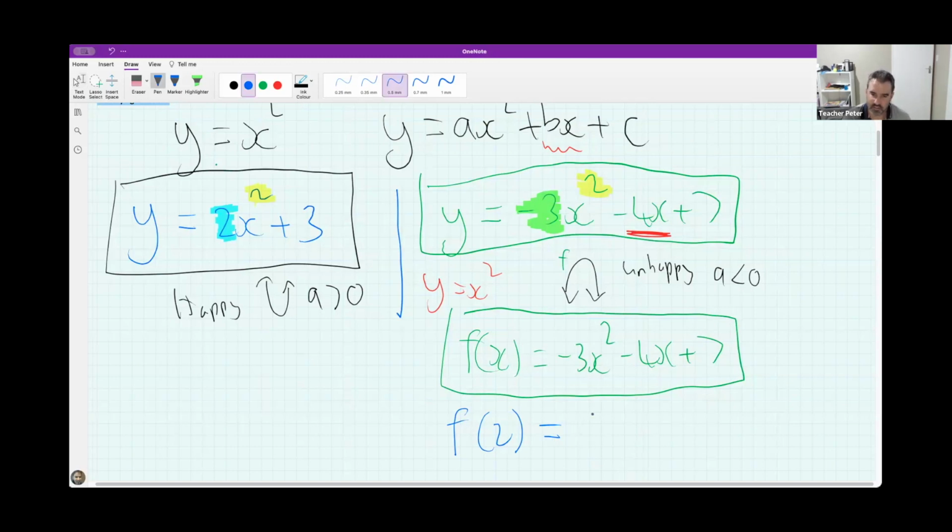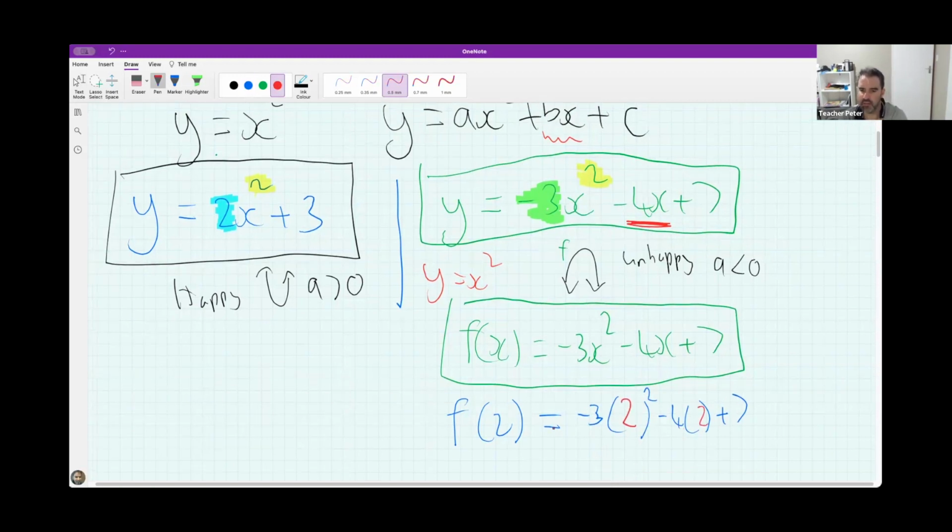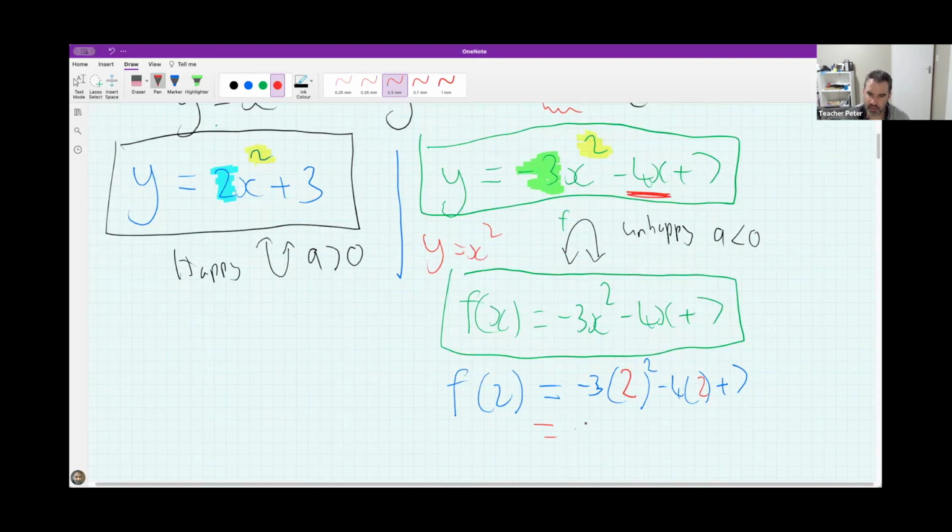So how do we get this? What I like to do is make a space for where all the x's are going. And so let's have a look. That's minus 3 times 4 minus 8 plus 7, which is minus 12.